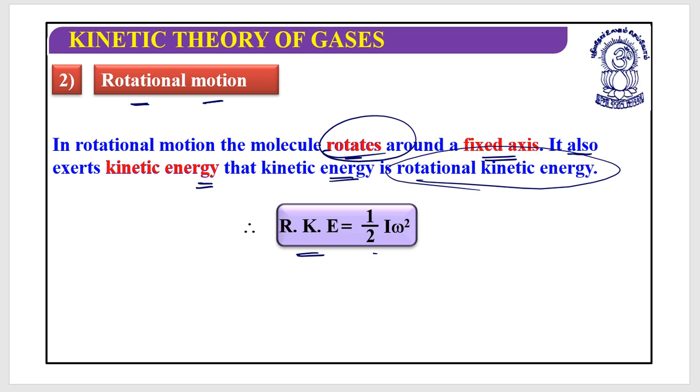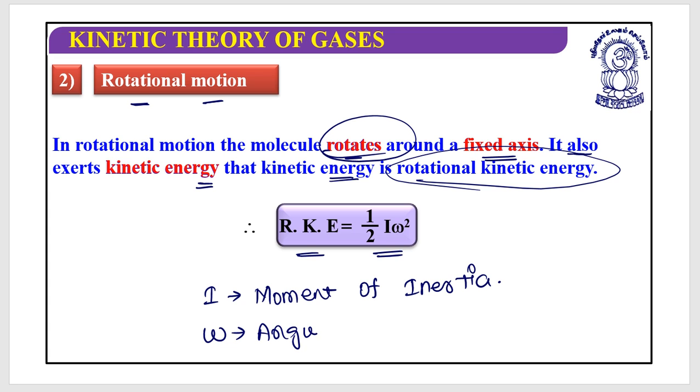This rotational kinetic energy could be given as 1 by 2 I omega square, where I is the moment of inertia and omega is the angular speed of rotation. This is half I omega square.